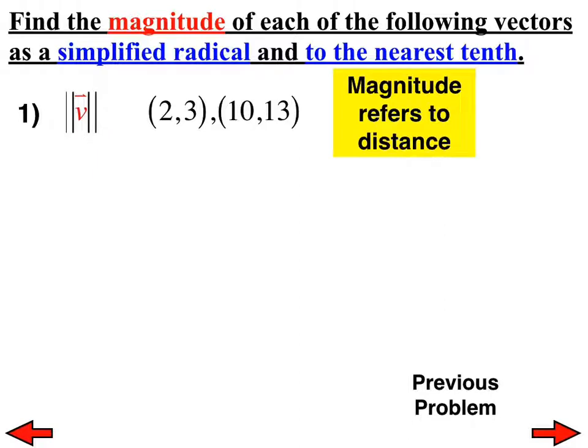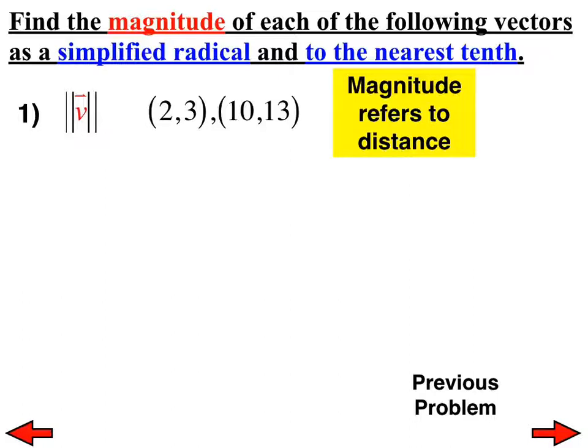If you go back to your original picture, you'll see that. And it ended at 10, 13. Vector v started at 2, 3, and it ended at 10, 13.